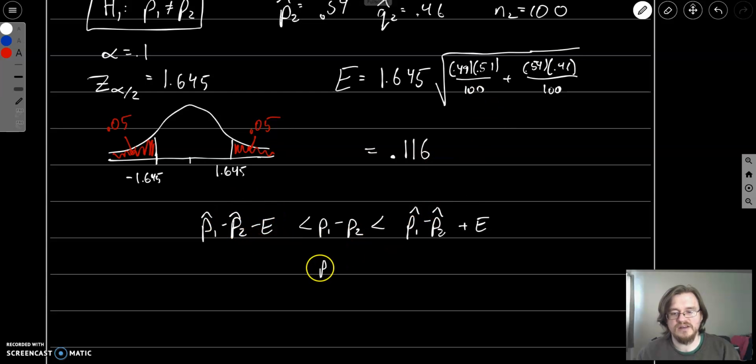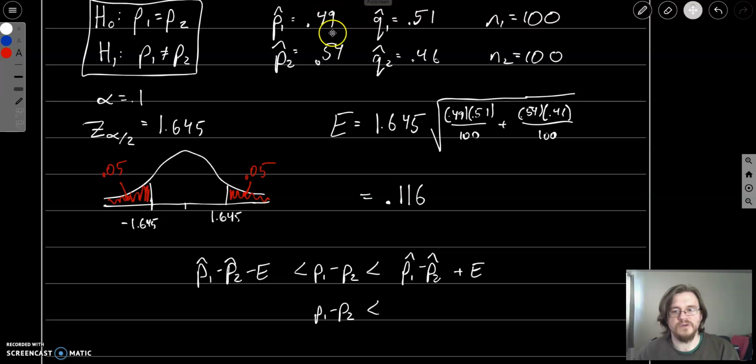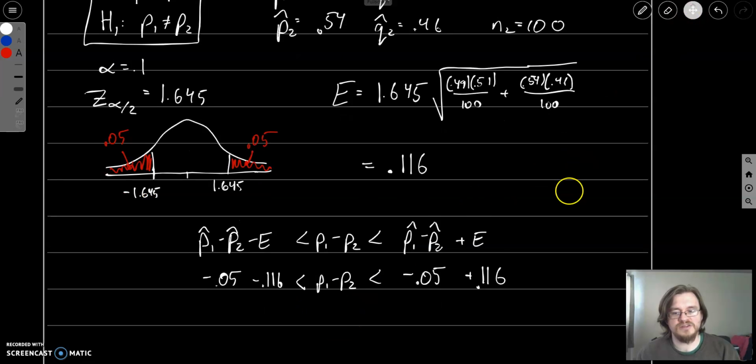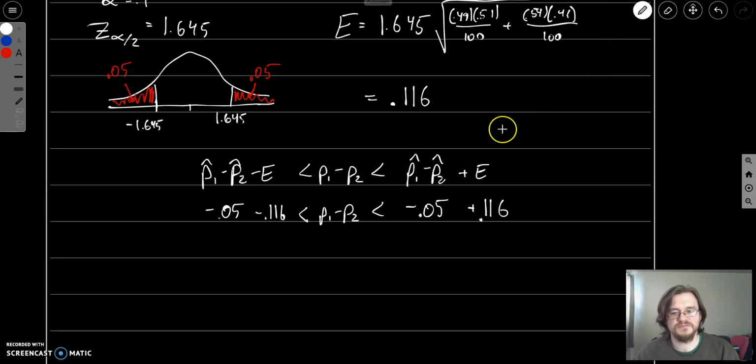So plugging everything in, P1 minus P2 is going to be between, so P1 is 0.49, P2 is 0.54, so that is negative 0.05, plus some error, and minus some error. So the difference between P1 and P2 should be between these two values.